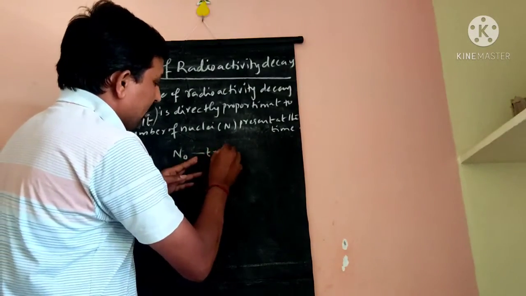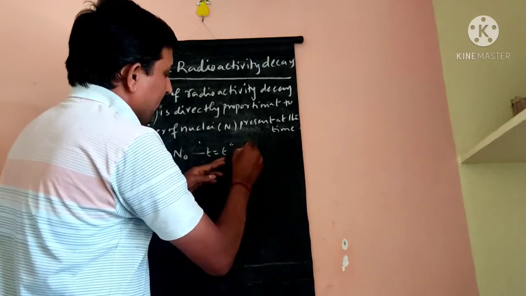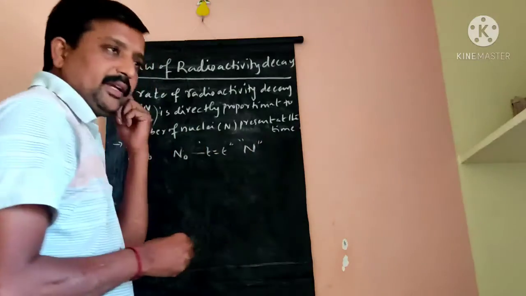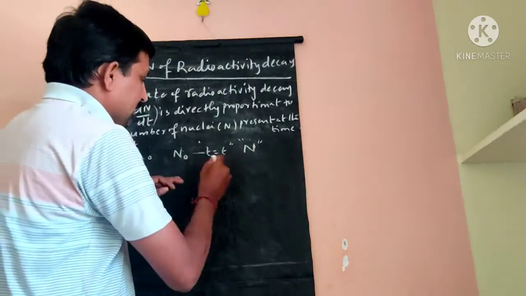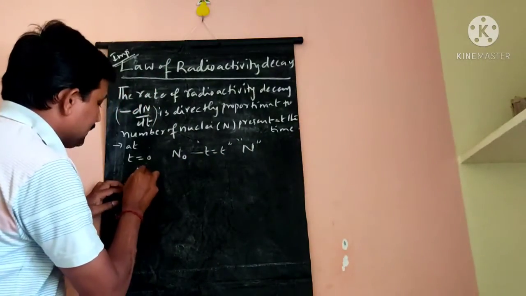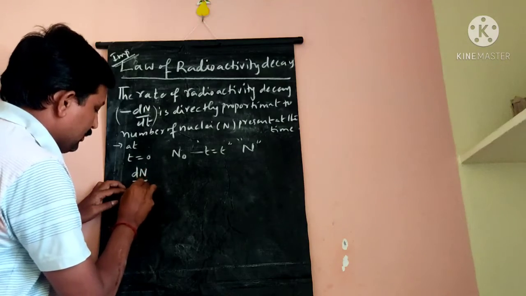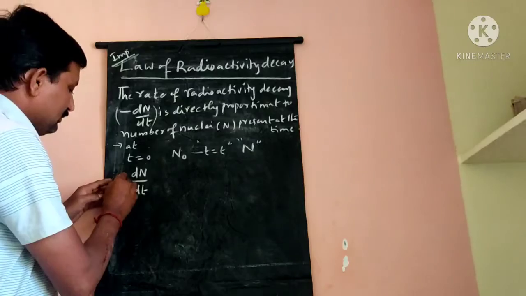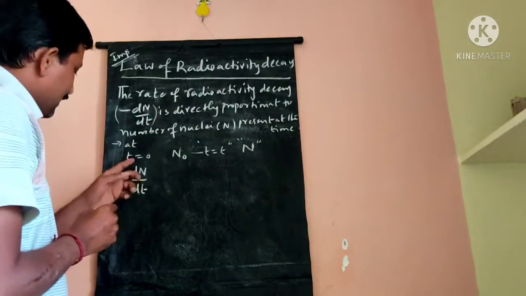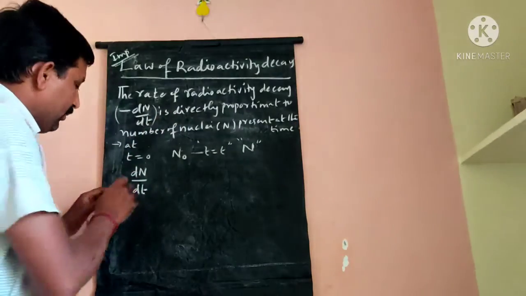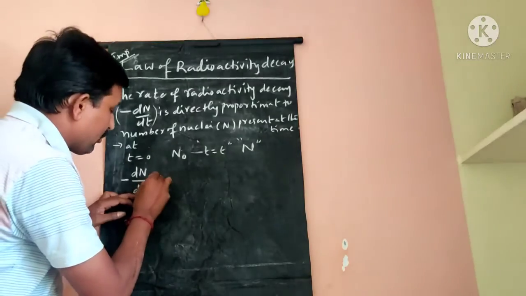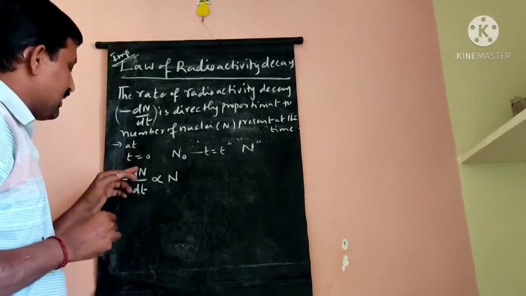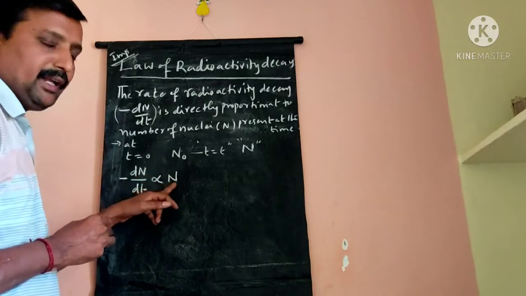At present time t, the number of nuclei in the radioactivity sample is capital N. Here dN by dt means the rate of radioactivity decay. Minus dN by dt is directly proportional to the number of nuclei at present, N.